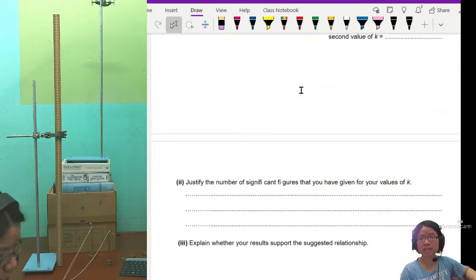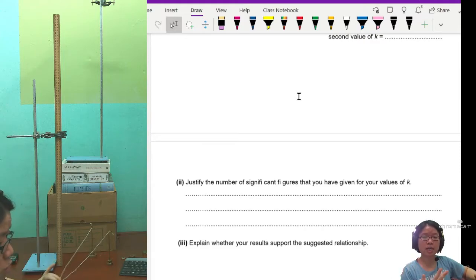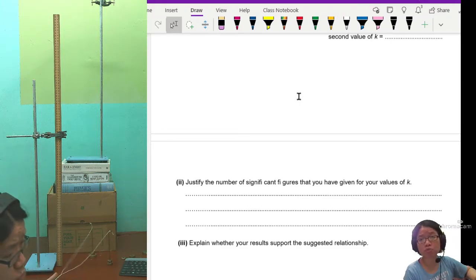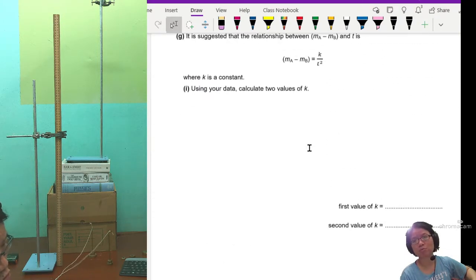The rest of the things are standard. Please try not to repeat the mistakes that you have already done for the first 5 labs. So I suggest that you take some time to review the labs that you have done, look at the mark scheme, even better look at the examiner report, and figure out how you can improve and not repeat the mistakes around decimal points, repeated reading, estimating uncertainty, how to justify number of significant figures, explain supported relationship.